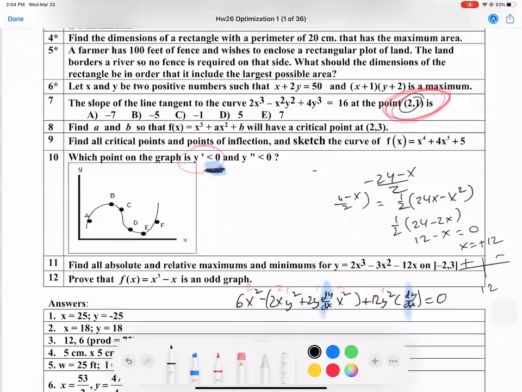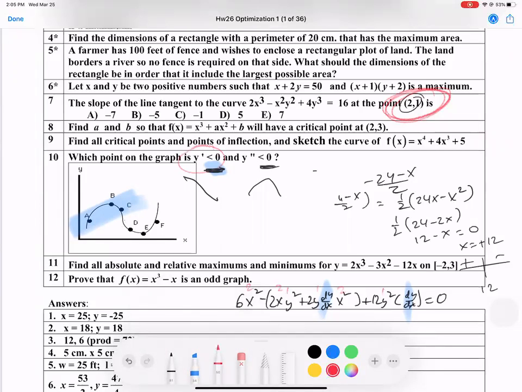When is y prime negative and concave down? This is concave down. When is the slope negative? This is concave up. We don't care about concave up. We just care about concave down with negative slope.